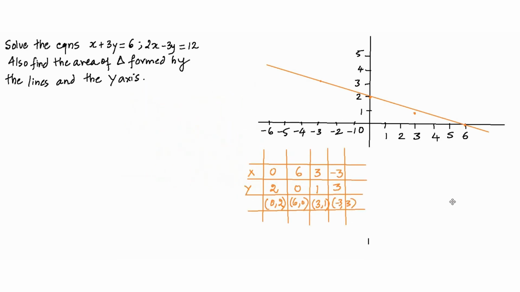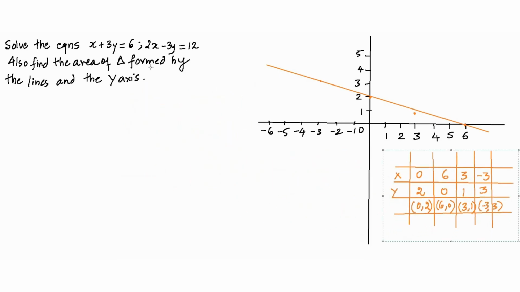Okay, so let us shift this particular set of points here. Now the equation that I want to think about is 2x minus 3y is equal to 12. So let us quickly make some points.